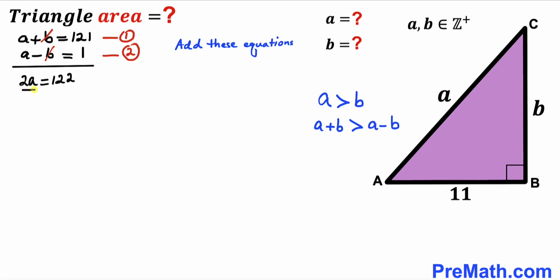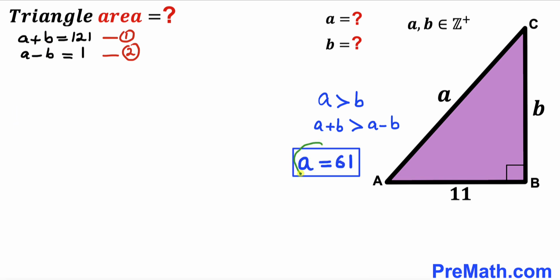Let me divide both sides by 2 to isolate a, and here 2 and 2 are gone. So our a value turns out to be 61. Thus we figured out our a value as 61, and that is a positive integer.